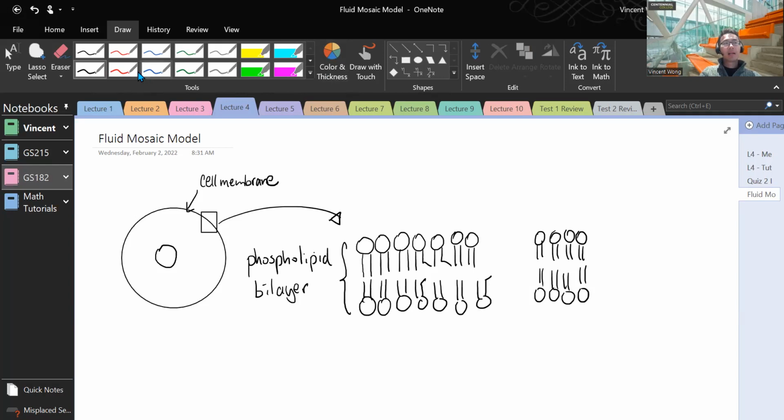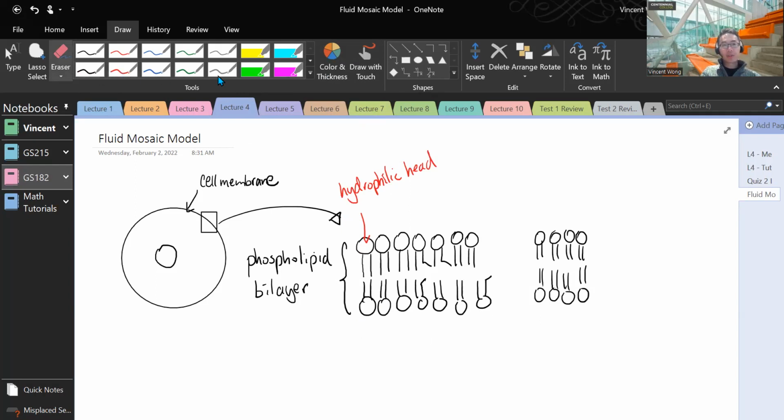Okay. And remember, this is a single phospholipid molecule. The head, which is made up of the phosphate, that's going to be the hydrophilic part. Hydrophilic head, which will be facing the outside as well as the inside of the cell.